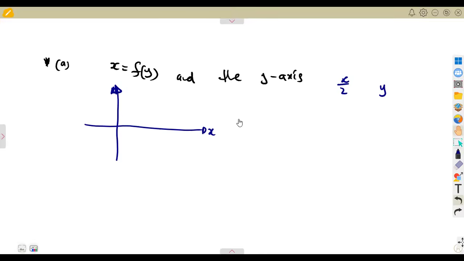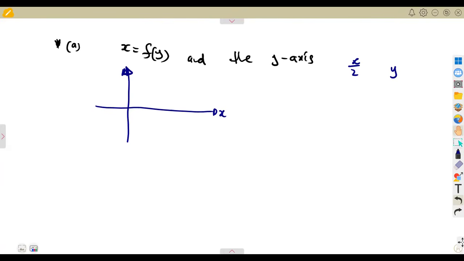Now we are considering a function and the y-axis, meaning the strip this time is for y, given the limits maybe c to d, and we've got the strip like this, which is the strip for y. This will be x is equal to f of y. So on this condition, your centroid will now be x over 2.